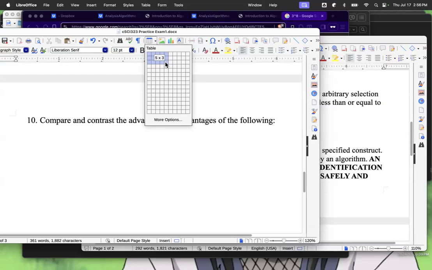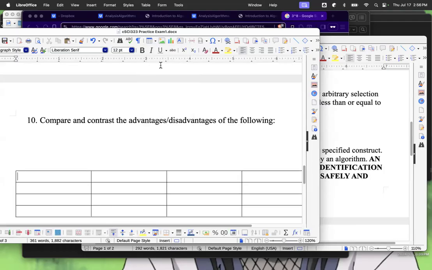There we go. All right, so here we have versus, and here we have heap sort, merge sort, quick sort, and the same thing over here.